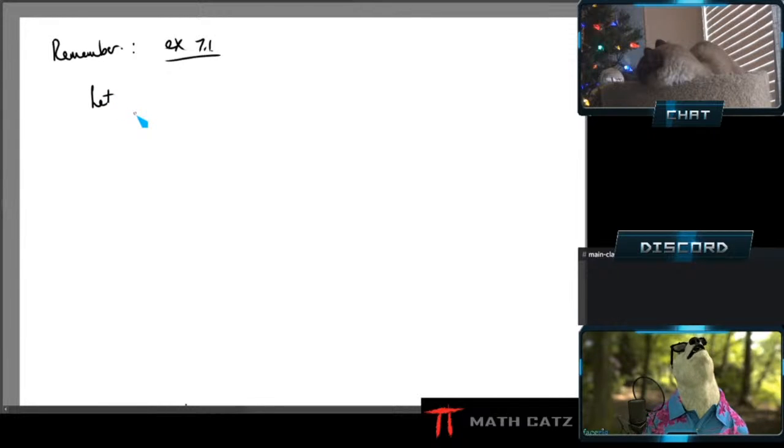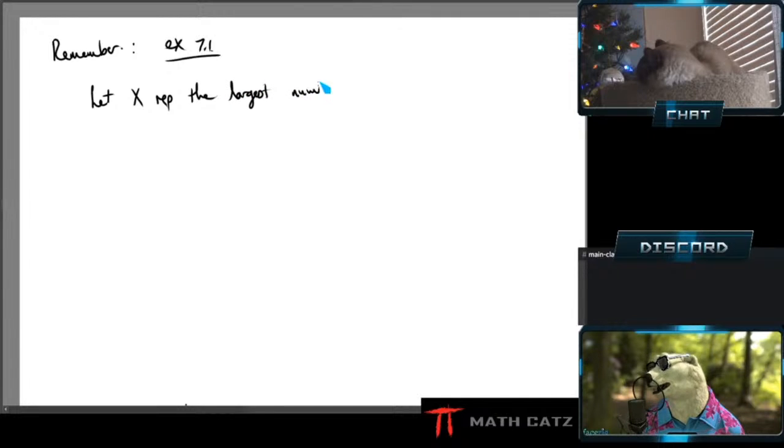Let x represent the largest number from two dice rolls.